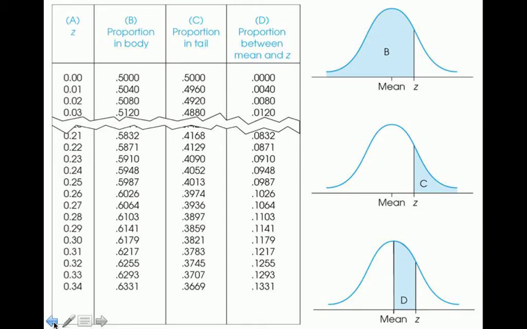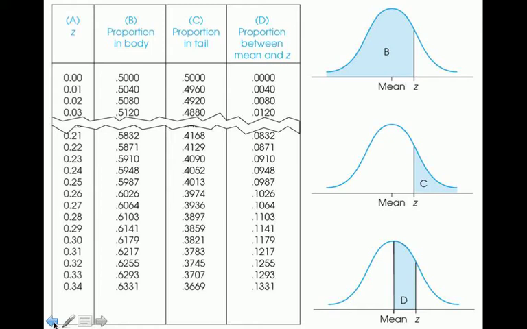Let's look at the histogram on the top, where our z-score is plus 0.25, and we're interested in the percentile rank for that z-score. We're interested then in what proportion of the scores are below that score, to its left.